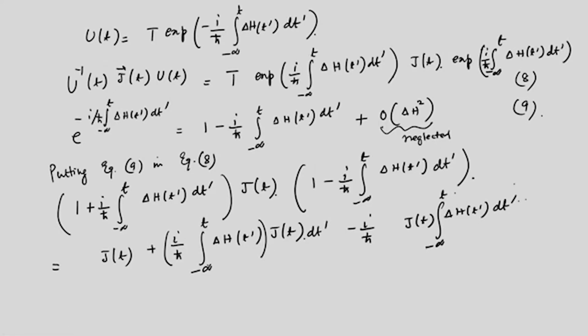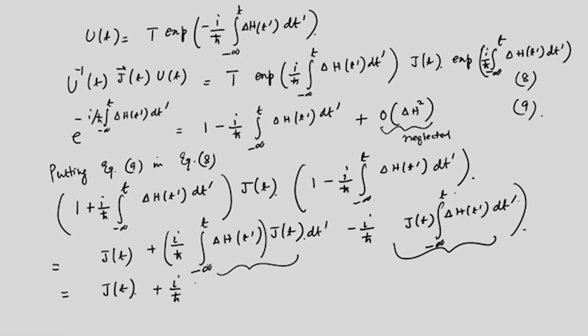Okay, so this is your term and this can be written as J(t), that is the first term, and then I have plus I over h cross. Now you see that this is delta H J and this is J delta H. So this is like a commutator.